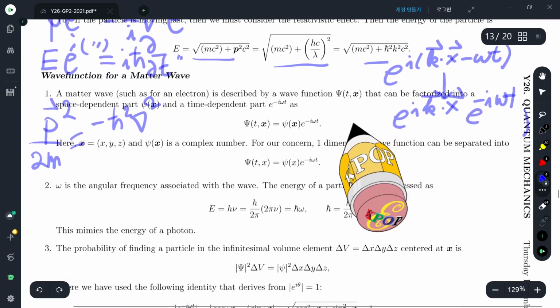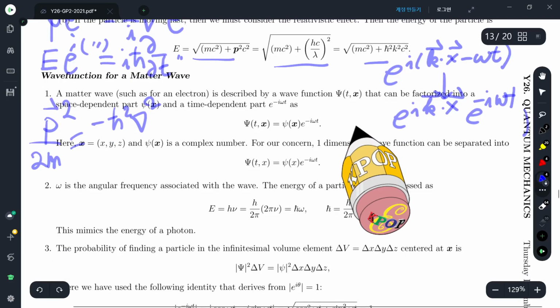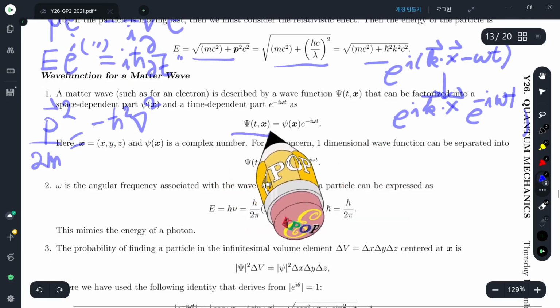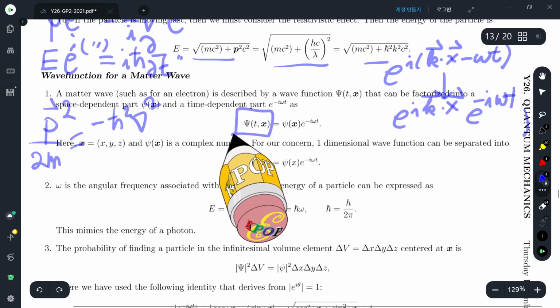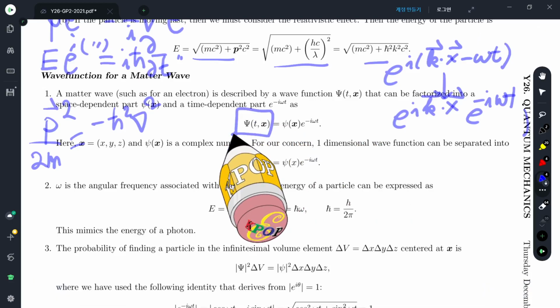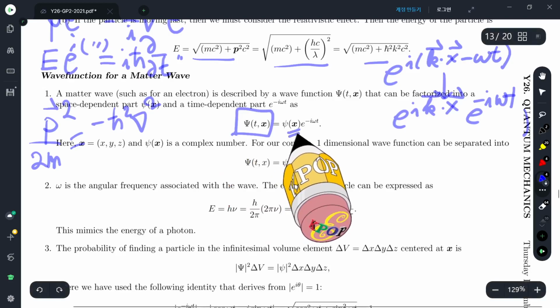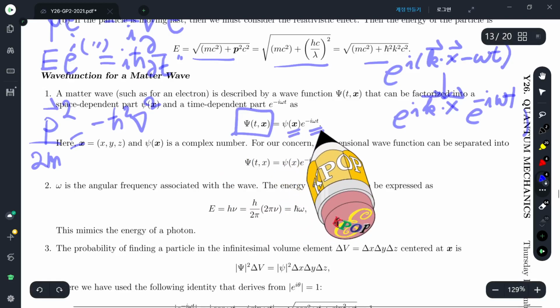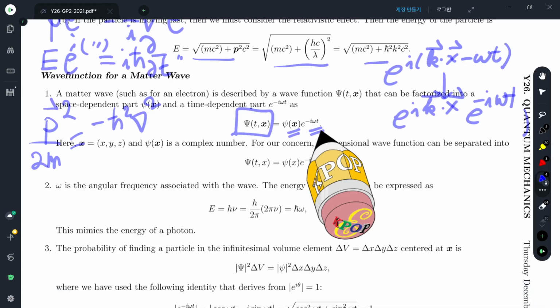But why don't we first assume the wave function? The wave function is just like the electric field or magnetic field, a function of the space-time coordinates. The spatial factor and the time-dependent factor are completely factorized. I don't know why, but just try. Just try, and if you can find a solution, that's it.